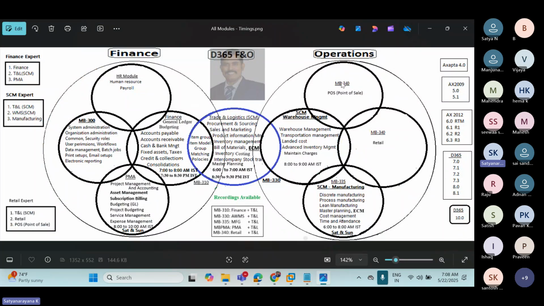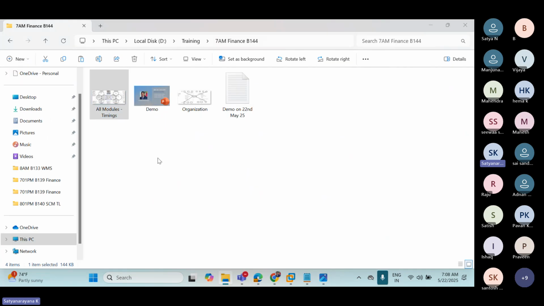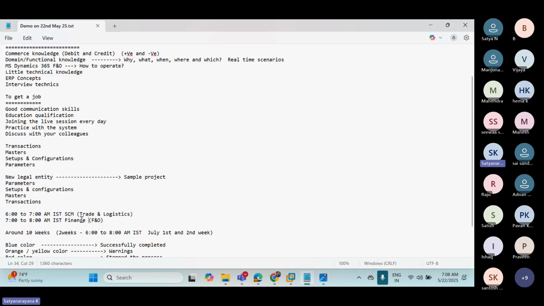Finance and Operations means all these modules. You are going to learn only finance, but people are using the word F&O. That is the reason I'm using the word F&O, because if I say I will teach you finance but not Finance and Operations, they will think I'm not going to teach F&O. I'm teaching it, but it is the finance module, only the finance module.